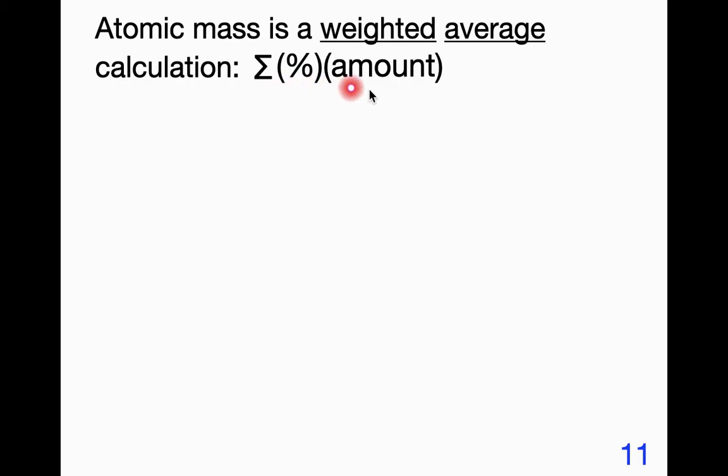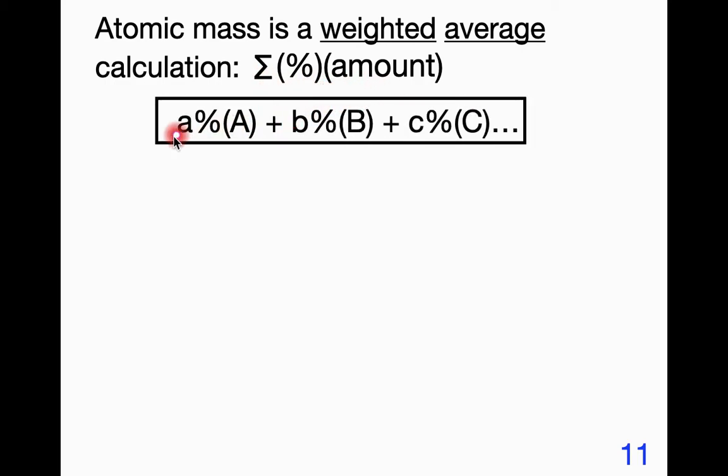Okay, now this is the general formula for a weighted average calculation. I'm not sure if you're familiar with the symbol. It's sigma. It's used to mean sum or to add up. And so this is representing adding up all the percentages of something times all the amount of whatever it is you're measuring. We're going to do some examples here, so don't fret. Now, this can be more easily understood like this.